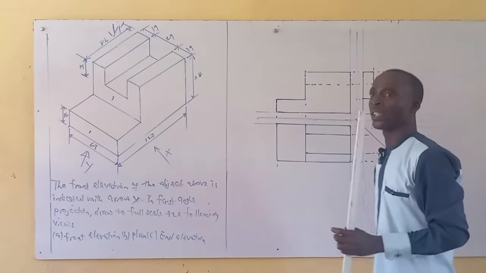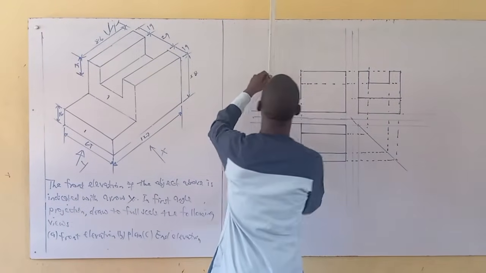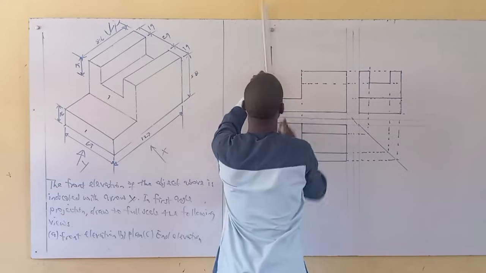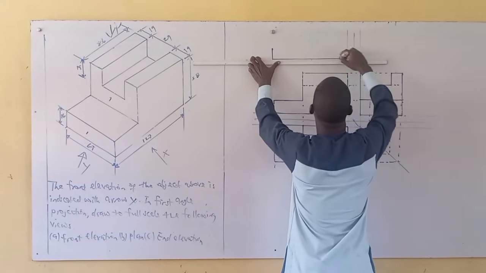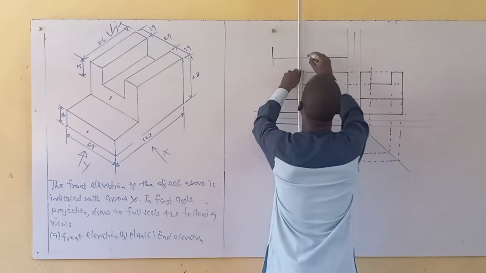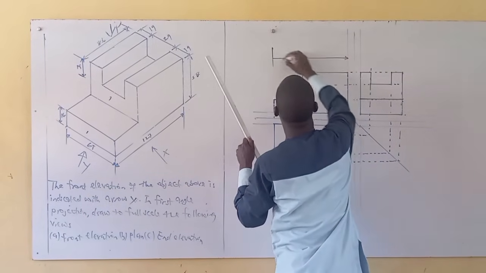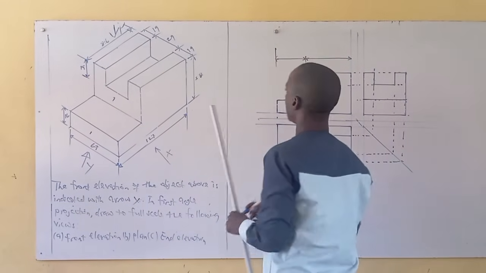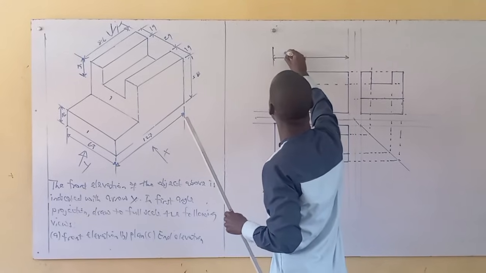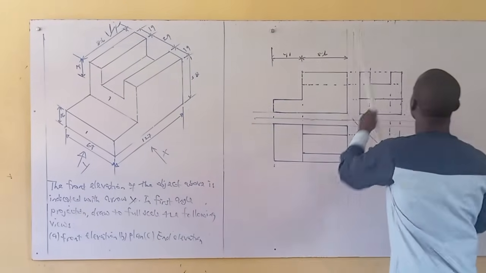The next one is to dimension the object on the board. To dimension it from this point, okay, here is 86, which equals to 127.